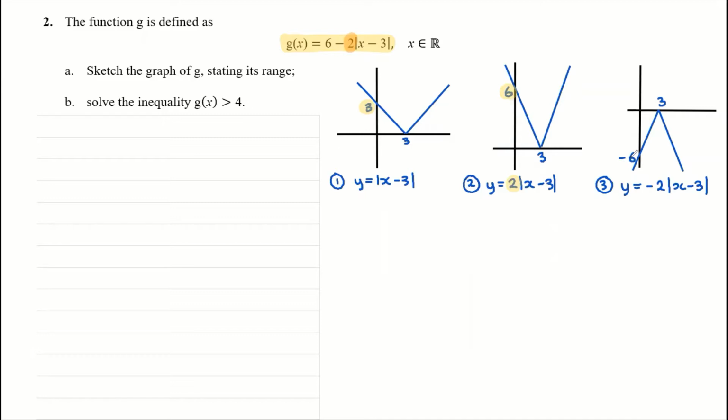Okay, now notice as well, I'm keeping careful tabs on these intercepts. It's really important that we do that. So we have the -6 there because of that negative. Right, now we're going to draw the final thing. And you'll probably see why I said keep close tabs on these minimum points and the y-intercept.